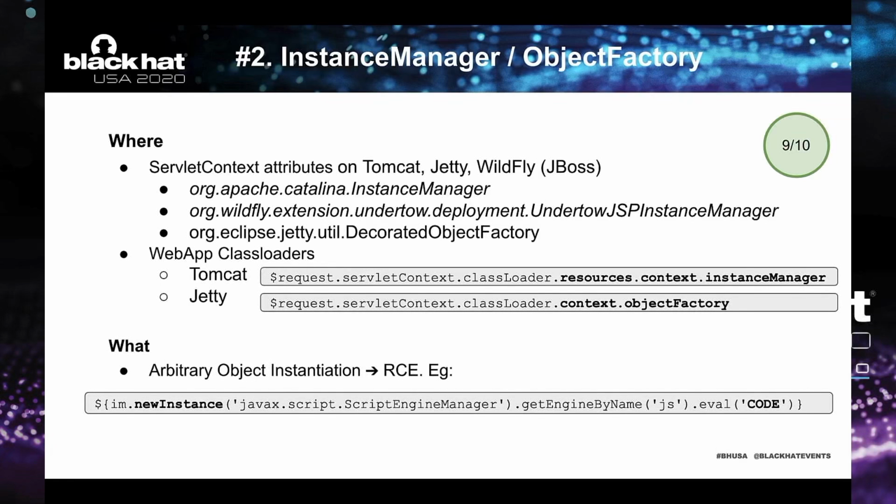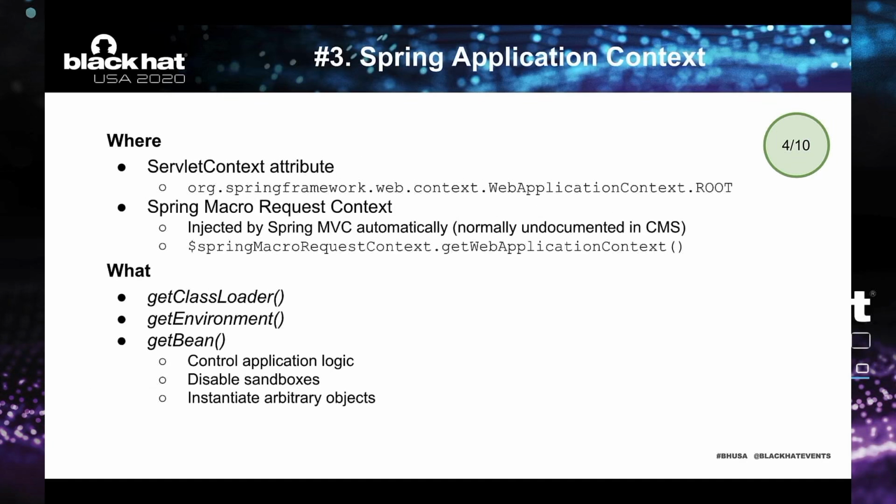Once we get access to the instance manager, sometimes also called object factory, you can instantiate arbitrary types. In this case, we are instantiating the script engine manager in order to evaluate arbitrary JavaScript and Java code. But once you can instantiate arbitrary types, you can get remote code execution through a number of different vectors.